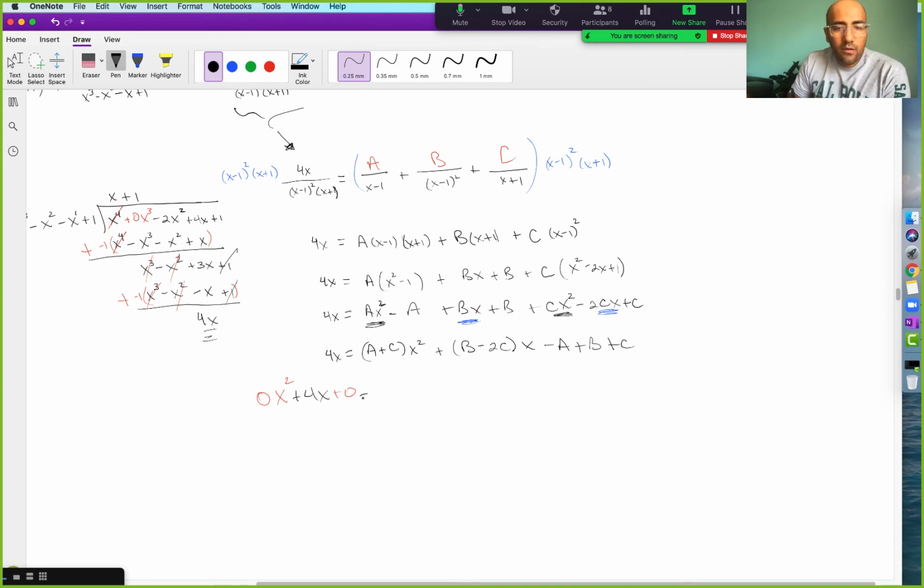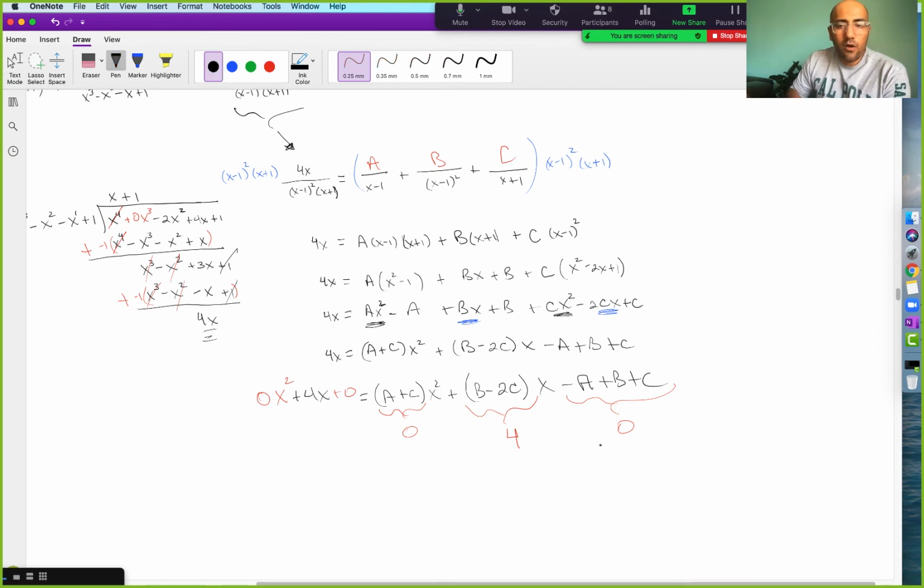And then on the right-hand side, I have a plus c x squared plus b minus 2c x, and then I have a minus a plus b plus c. Okay, so we must conclude that the term in front of the x squared must be 0, so these guys must be 0, and that all these constants must be 0 as well, and that the term in front of the x to the power of 1 is a 4, so these guys must be 4.